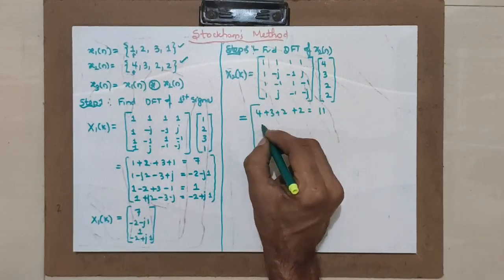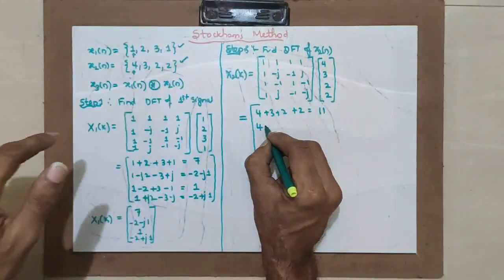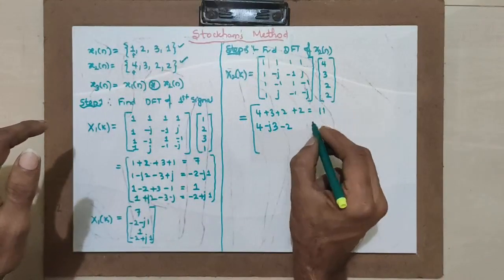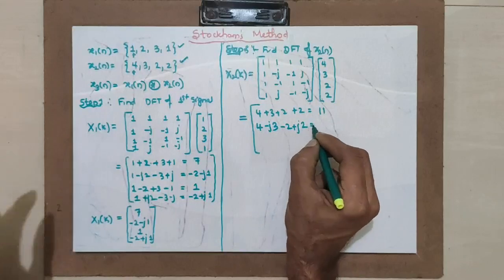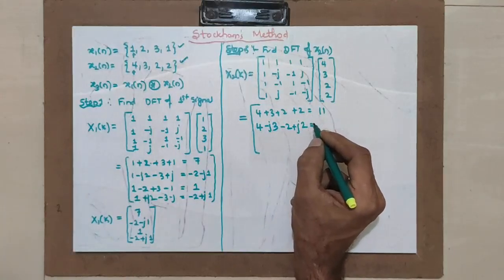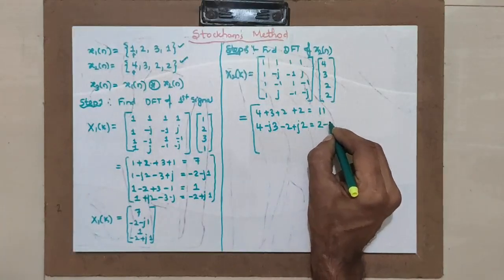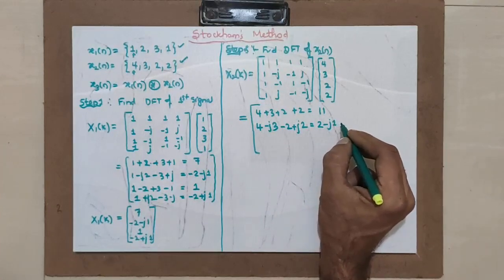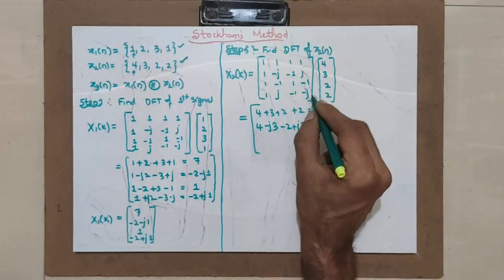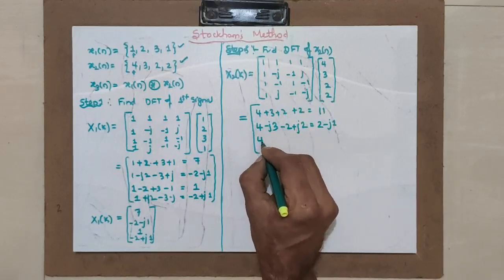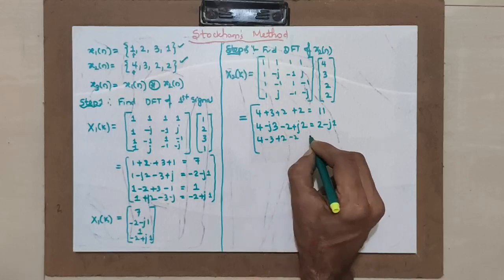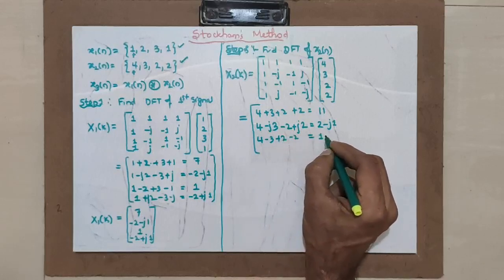Now 4 minus j3 minus 2 plus j2, giving you 2 minus j1, correct? Similarly, third row: 4 minus 3 plus 2 minus 2, giving you the answer as 1, correct?